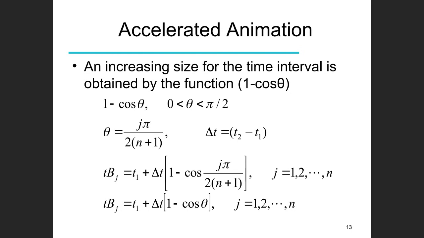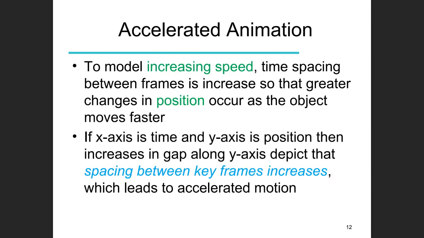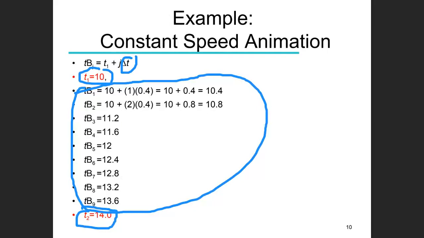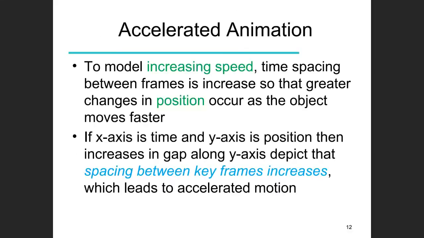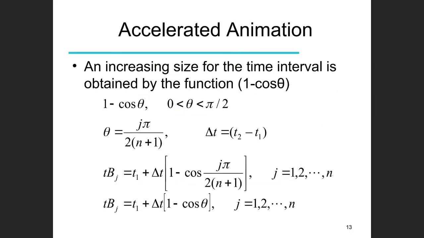And the delta t here is not the same as in the constant speed animation. Just want to show you, in the constant speed animation the equation for the delta t was different. So this was the equation for the delta t for the constant speed animation: t2 minus t1 divided by n plus 1. But in the accelerated animation, the equation for the delta t is different, which is equal to t2 minus t1, which is just the difference of the time between the two keyframes.